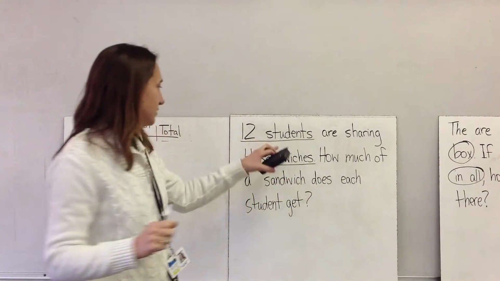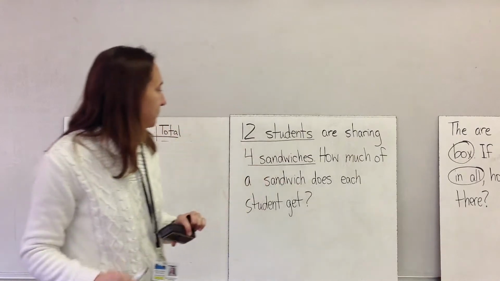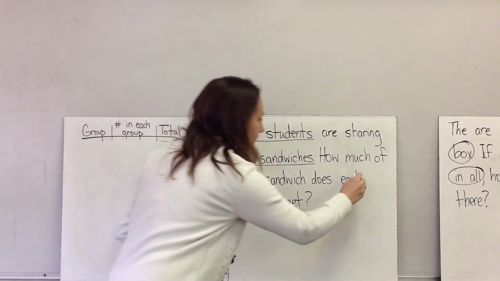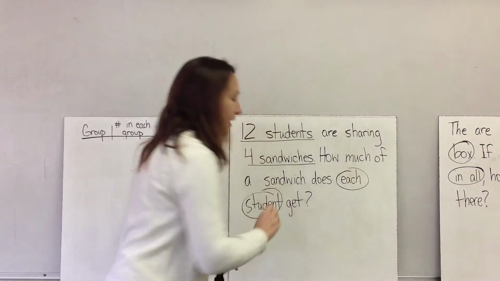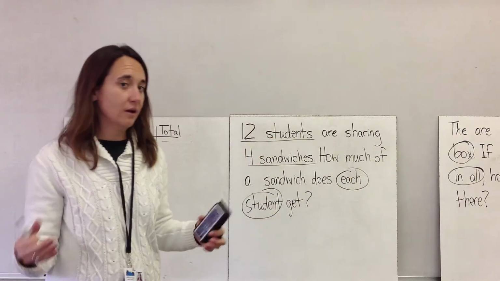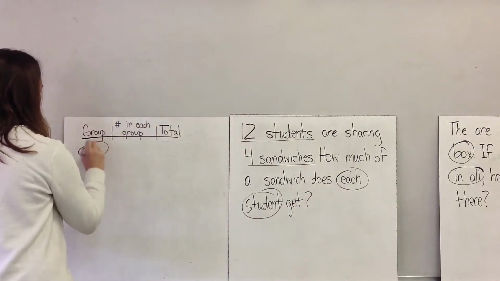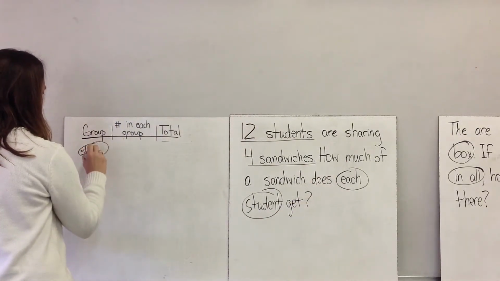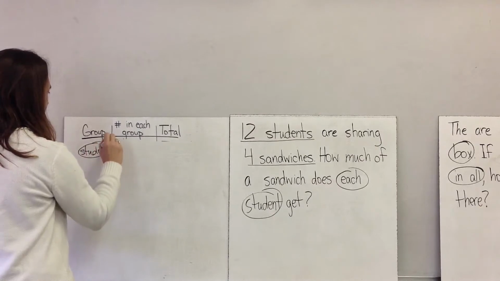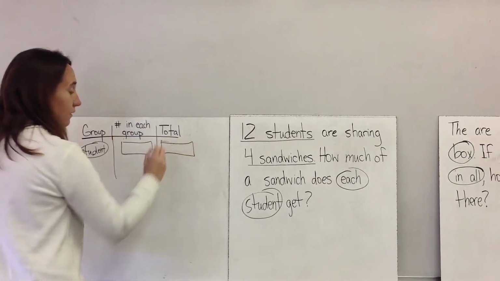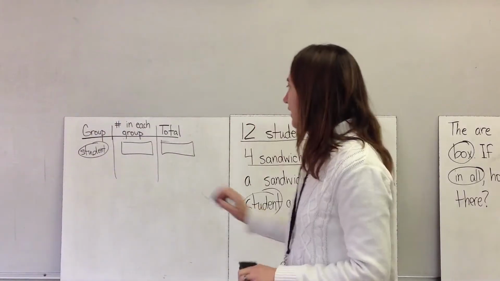Clearly, we're looking at students and sandwiches. And it says, how much of a sandwich does each student get? Each student, that helps us see how we're grouping. Okay, so we're going to put as our group, student. And that must mean that both of these are, you got it, sandwiches.